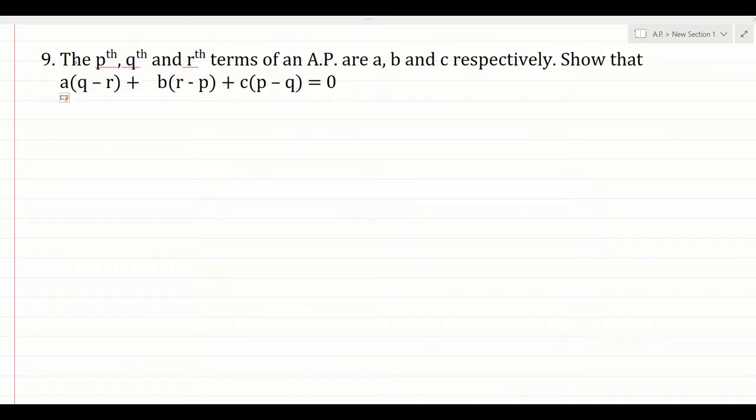Question number 9. The pth, qth and rth terms of an AP are a, b and c respectively, so that a in bracket q minus r plus b in bracket r minus p plus c in bracket p minus q is equal to 0.